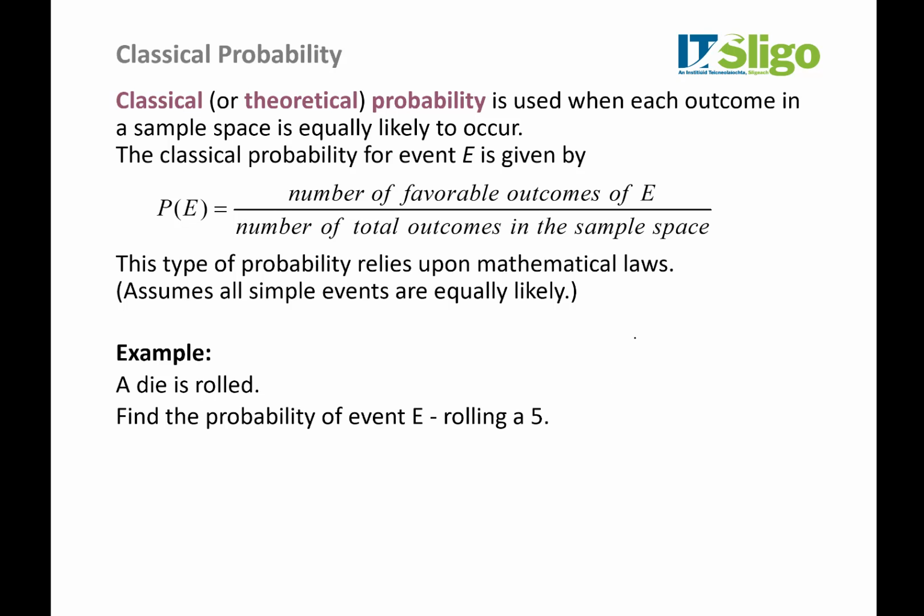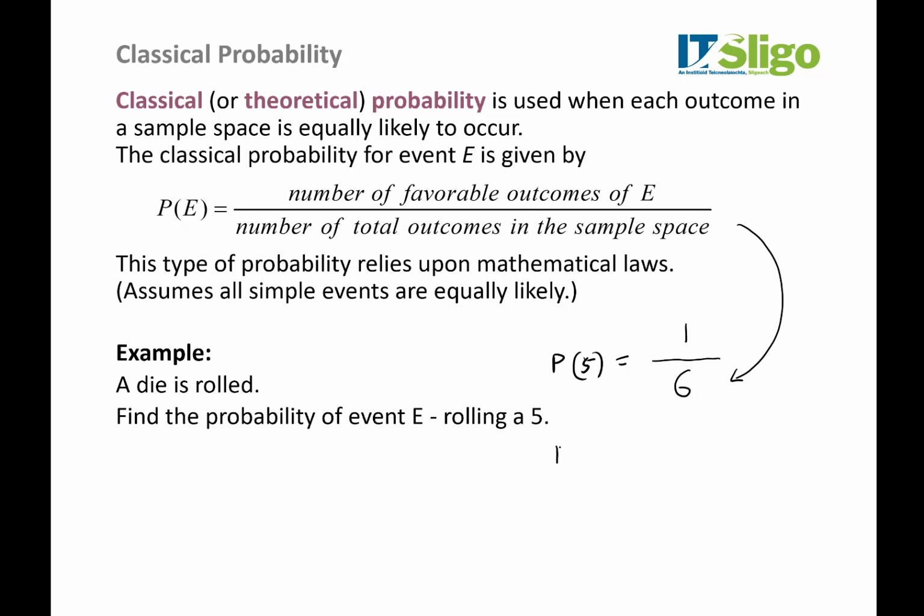Well, in this case, there are 6 possible outcomes. How many 5s are there? There's only one 5. So the probability of this event, E, we'll talk about the language shortly. Because the event in this case is rolling a 5, we would say the probability of rolling a 5 is 1/6.